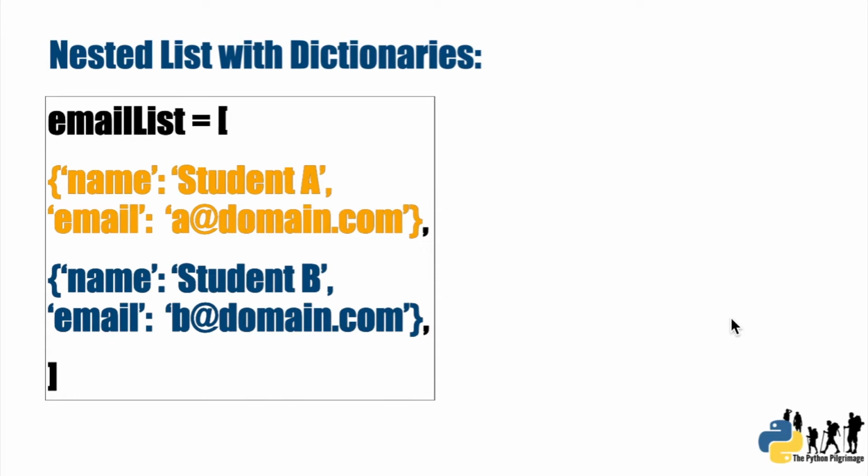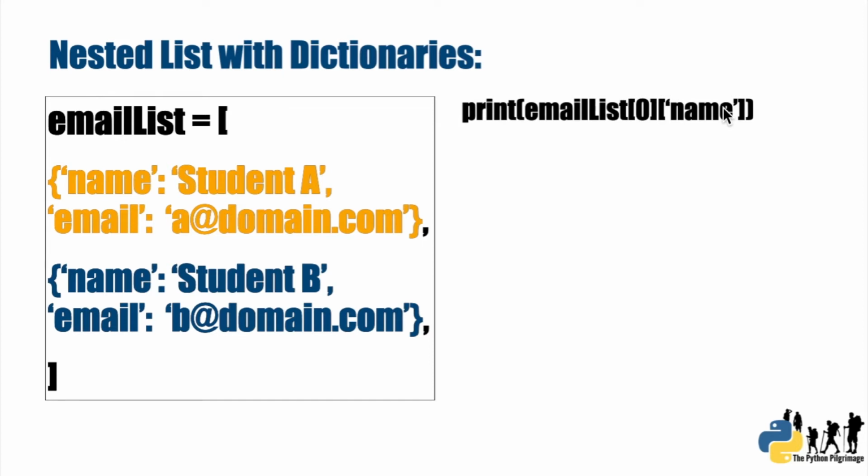What if we only want to print out a student name? What do you have to do? First, specify the list name. And then we need to specify the index, which is 0 here, because we want to print out those in yellow for now. And the next thing you have to do is to specify your key.